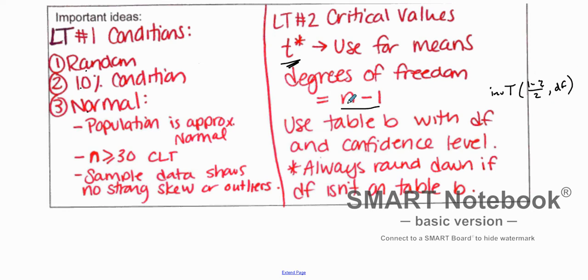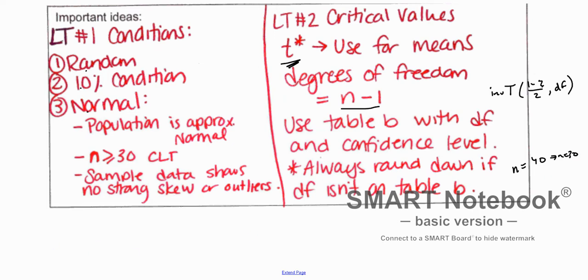Degrees of freedom is n minus 1. We always want to round down for degrees of freedom if it's not on our table. For example, if we have an n of 40 and it's not on our table, we would round down to probably 30.